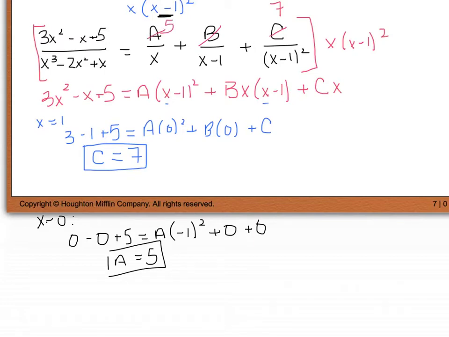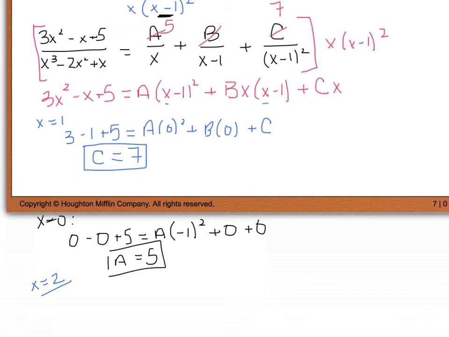And then I have to solve for B. At this point in time, I've solved for A and I've solved for C. There's nothing that I can plug in because 0 and 1 are going to take care of my A and C terms, but I have an x and an x minus 1 in both of these. So now the only thing I'm going to do is pick a number that's going to make this work out like a nice number. In this case, I'm going to pick the value of x equals 2, because 2 minus 1 is going to give me 1.